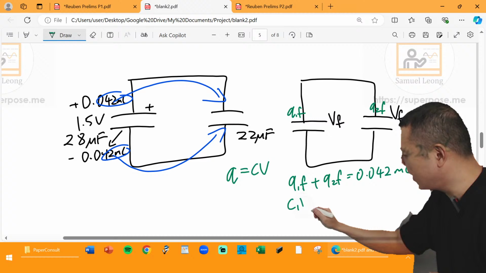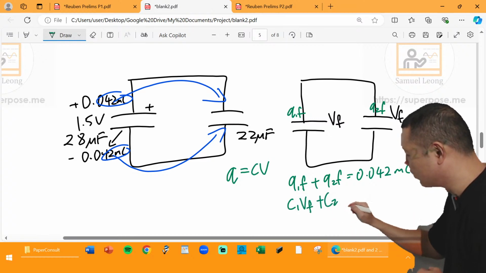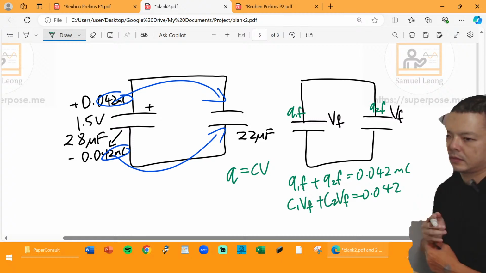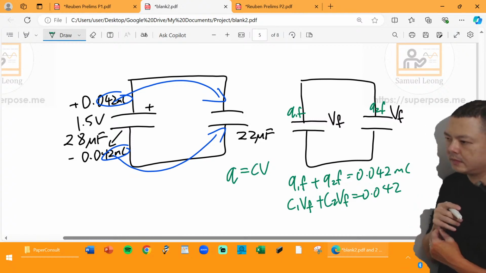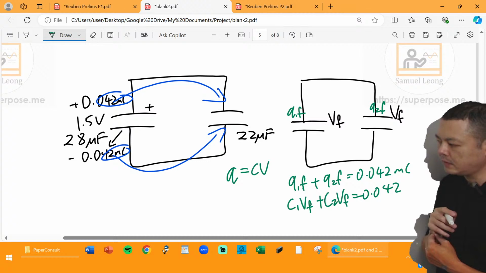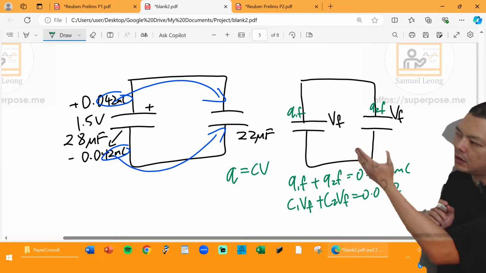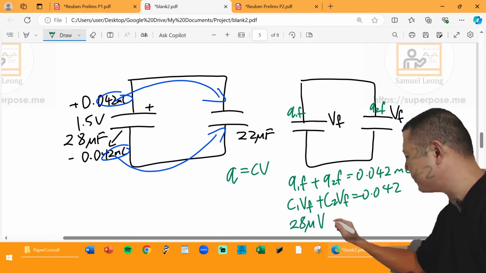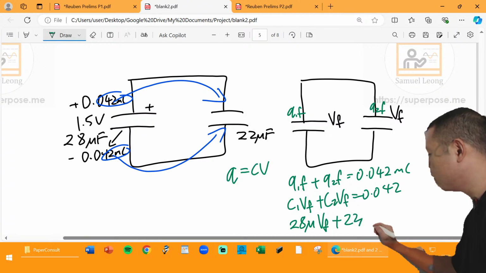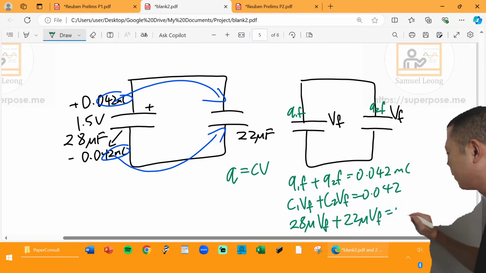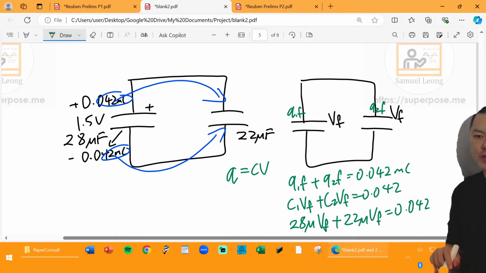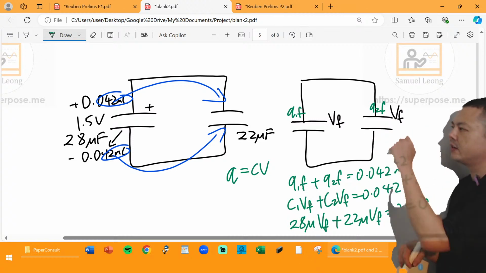So C1 VF plus C2 VF equals 0.042. What's C1? 28 microfarad. So 28 micro times VF plus 22 micro times VF equals 0.042. Based on this, you can find VF already. You can find the final voltage.